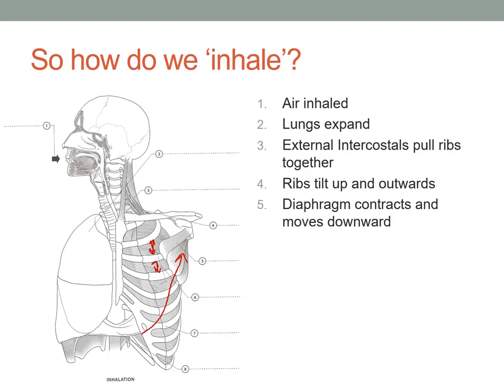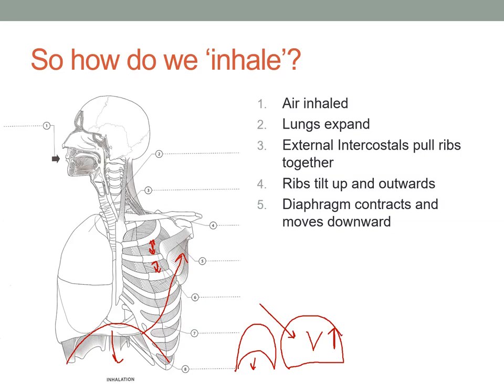Under relaxation the diaphragm is dome shaped, but when it contracts it moves down. By moving the diaphragm downwards we open up the chest cavity, and when you open up the chest cavity you make the volume of the lungs increase.